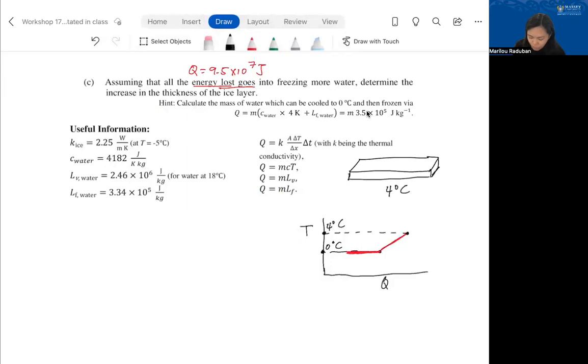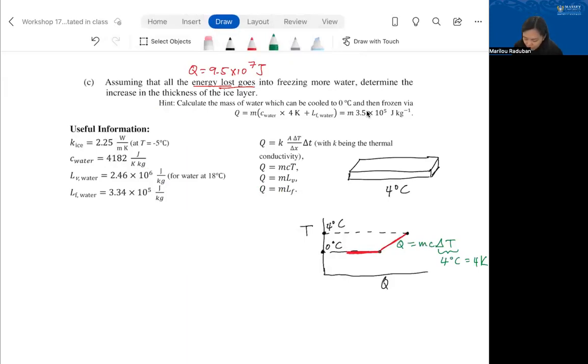The first process is when you're changing temperature. So you have Q equals mc delta T. The amount of heat lost, Q, goes into changing the temperature by 4 degrees Celsius or 4 Kelvin, so delta T is 4 Kelvin, because your water temperature needs to go down from 4 degrees Celsius to 0 degrees Celsius.